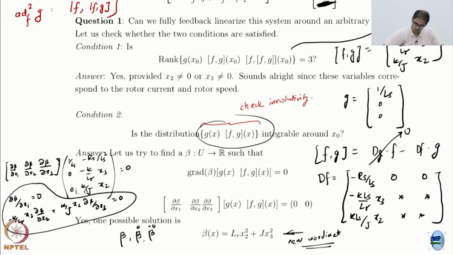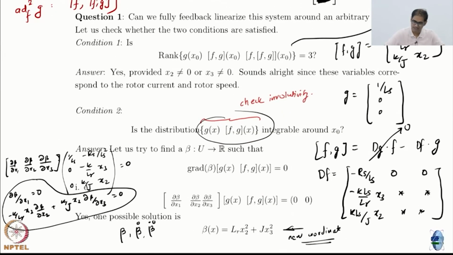And then the second one was that we wanted to check the involutivity of g, ad_f g, all the way to ad_f^(n-2) g, the distribution made by these vector fields. In this case ad_f^(n-2) g is basically ad_f g, and this was very easy to verify. So we had g and ad_f g, and we just want to check if this is involutive.